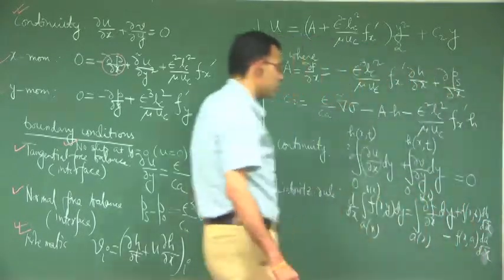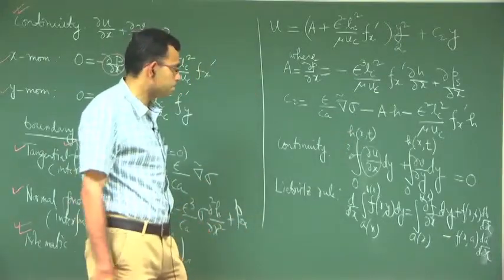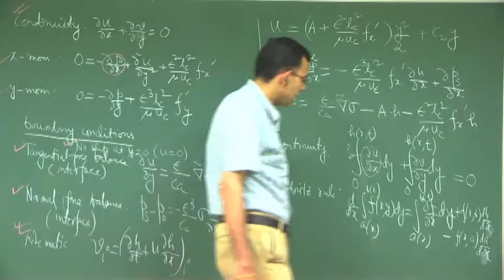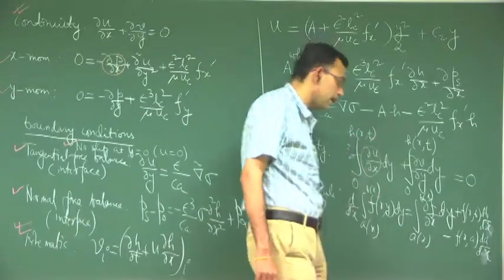Here it is x, of course. In our case, we have variables x and t. So, here it is a function of x only, here it is a function of both x and time.